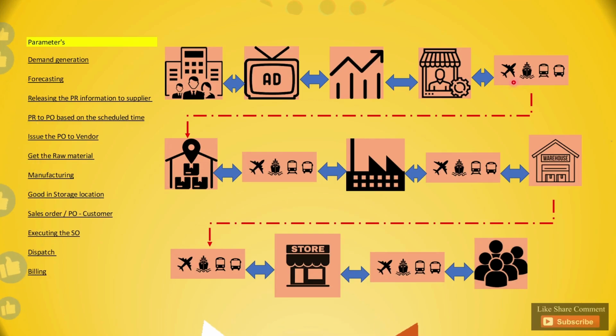The moment this vendor dispatch the raw material to our storage location, we will be receiving the goods at our storage location. Then from that particular storage location, we can again transfer that raw material to the factory. Again we can use any one of the transportation mode from this picture.